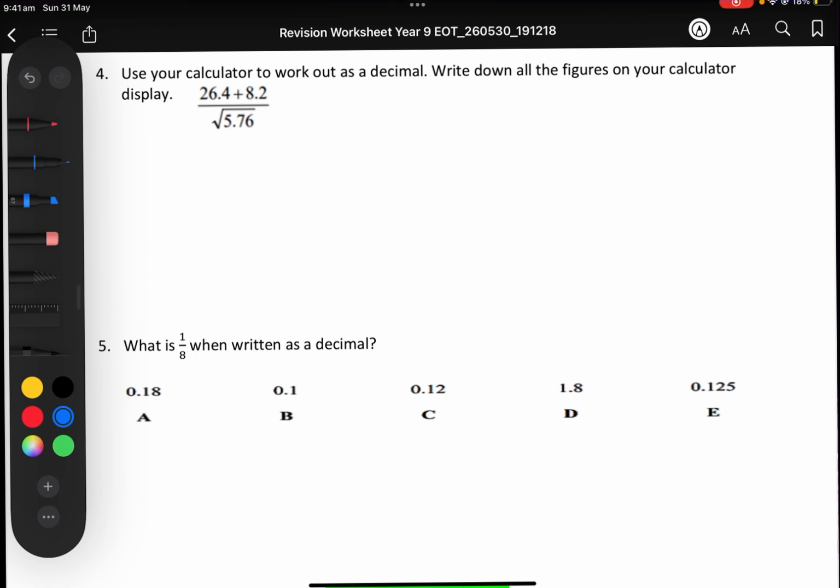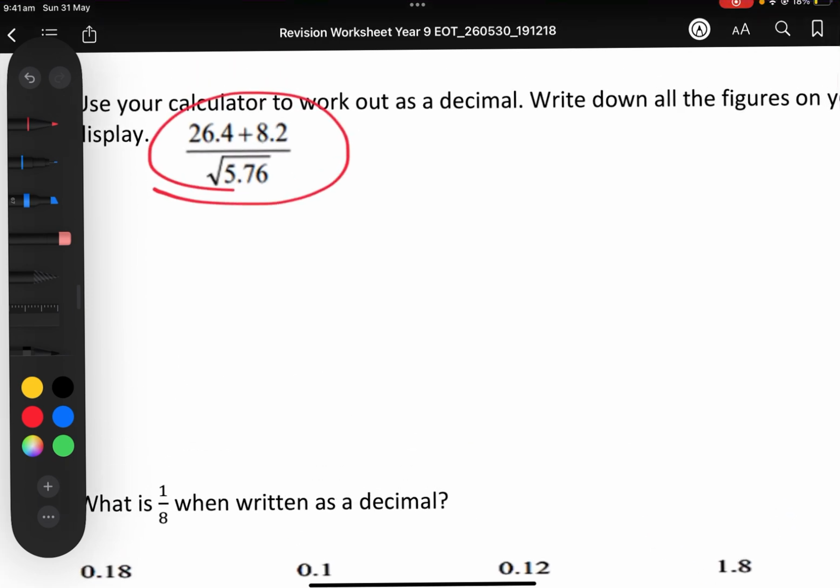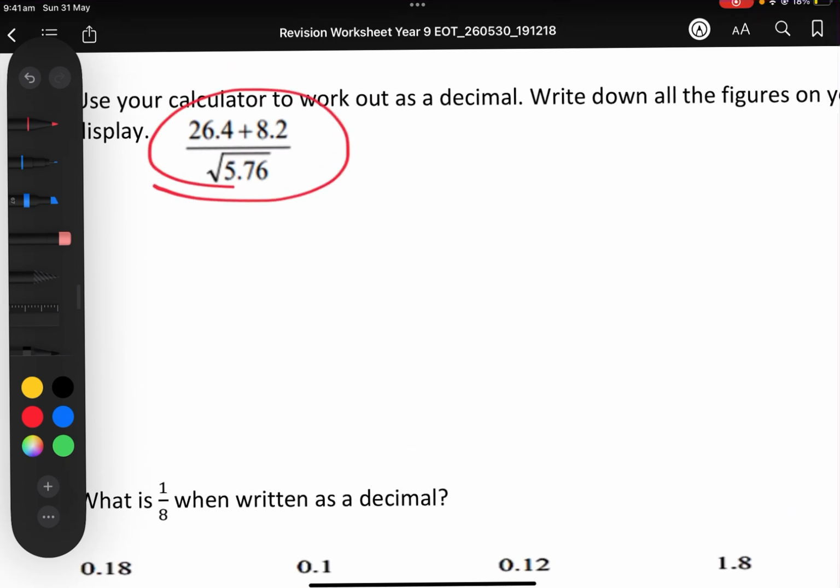If you are using FX991ES and beyond, directly substitute the complete thing in the calculator. If you're not using this, then simplify by first solving the numerator.